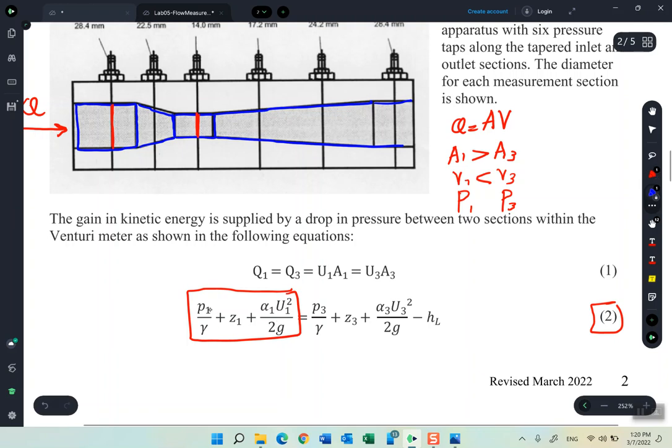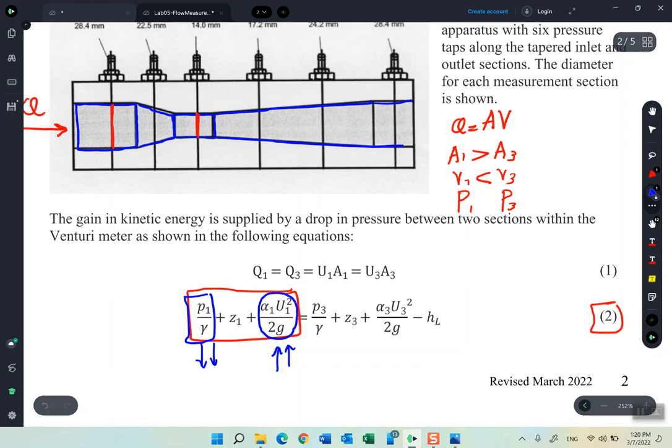So if the velocity term increases, the pressure term should decrease, because the result at the end should be the same. Z won't change. Z is the elevation of the pipe. By reducing the cross-sectional area, the pipe won't go down or up. So we can say that pressure 1 is much larger than pressure at section 3, because the velocity at section 3 is larger than the velocity at section 1.